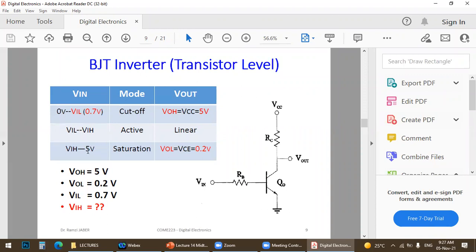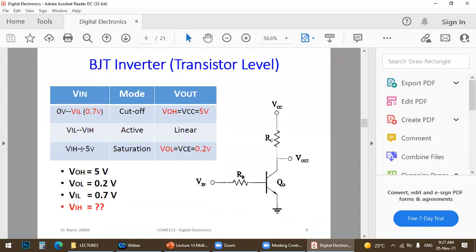So high volt is not always 5 volt; it's a range of voltage that will be above the input high. We don't care about this linear mode for digital electronics, but we care about this region. We consider it as high volt, depending on the value of V input high.